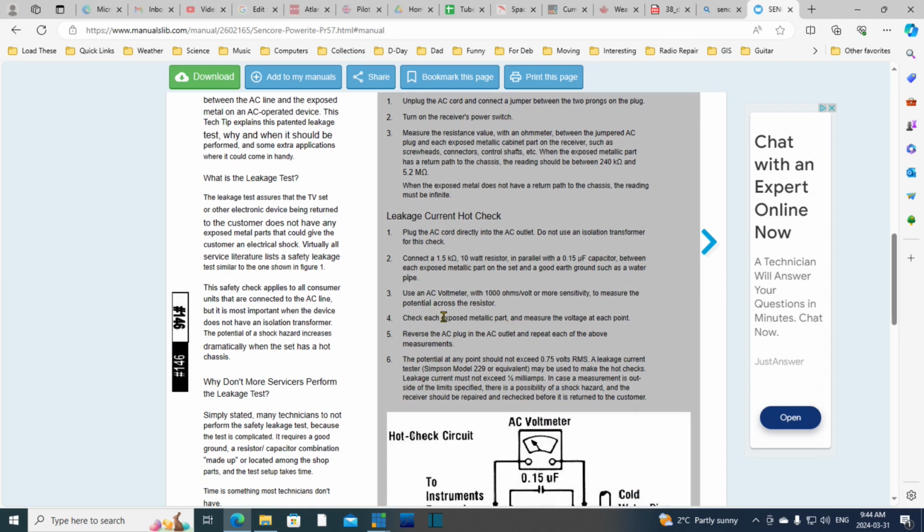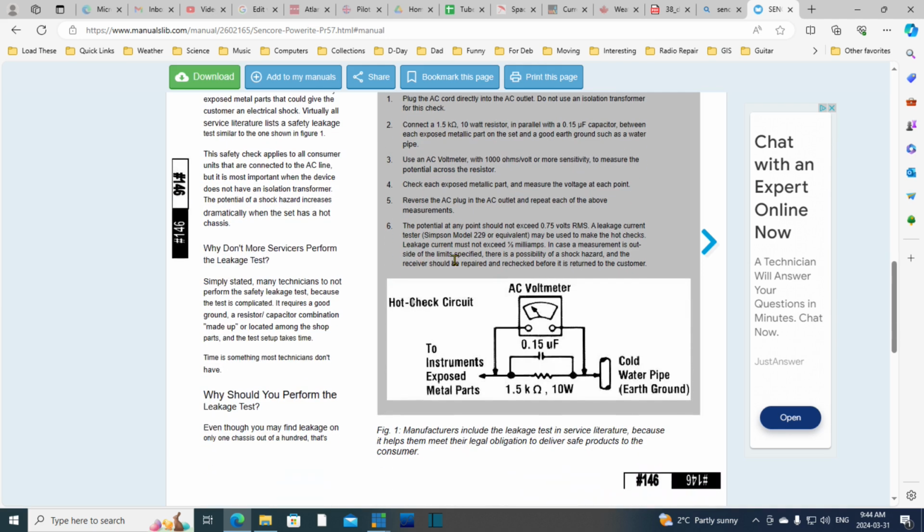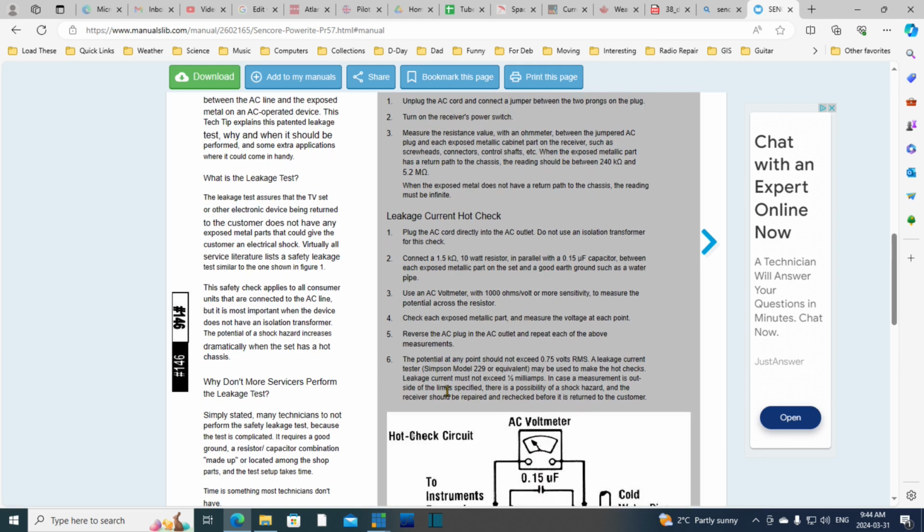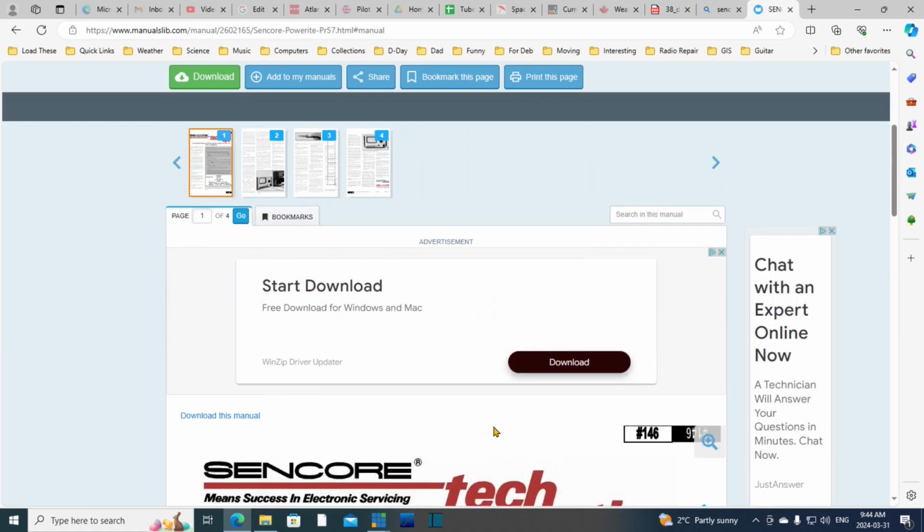Use an AC voltmeter. Check exposed. This is how you do it without the device. That's what this is. This is showing, I think, because I read this over here, why don't most servicers perform the leakage test? And the answer is it's difficult, and they're showing it here. So they're trying to make a big deal. Yeah, you try to do this on your own, look what you got to do. But you can use the device. So it must be on the next page.